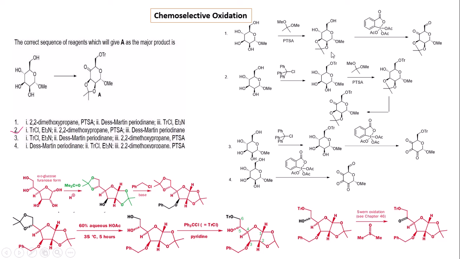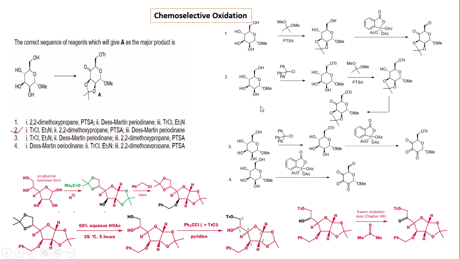On Dess-Martin periodinane oxidation, the 2 hydroxyl group is open, so there is a possibility to oxidize it, and the desired carbonyl product is not obtained, so option 1 is wrong.